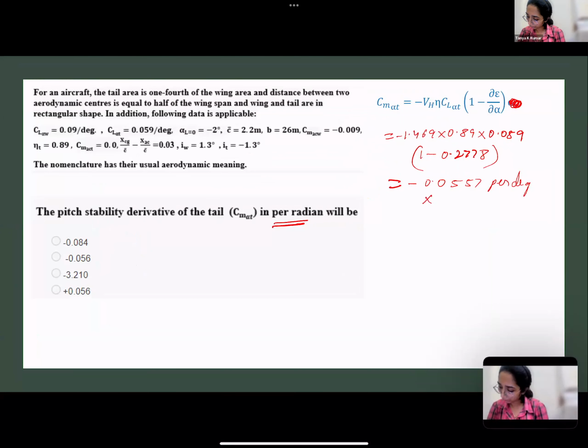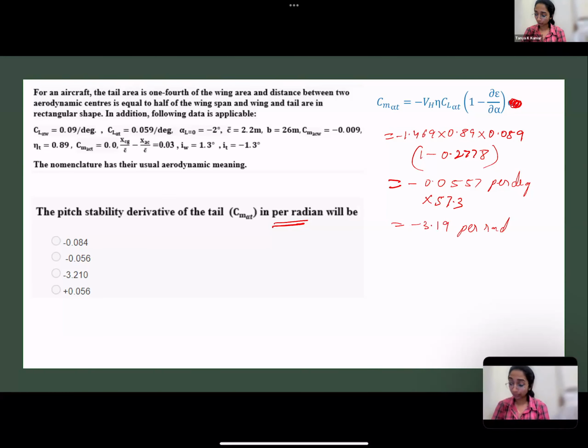I multiply it by 57.3 and I get minus 3.19. Yeah. Did you get D? I'm getting minus 3.19. Sandra, can you just check your calculations again?